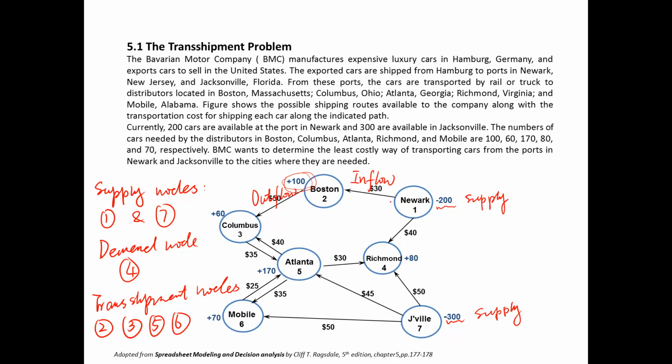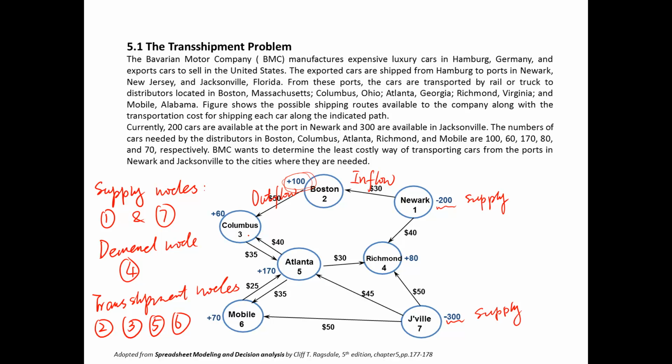Regardless of the number that goes into it and goes out of it, as long as 100 units stay there, Boston's demand is met. Think about this again. We don't care whether 200 units go in or just 100 go out. As long as what goes in minus what goes out meets this demand of 100 here, then we fulfill the demand at Boston.